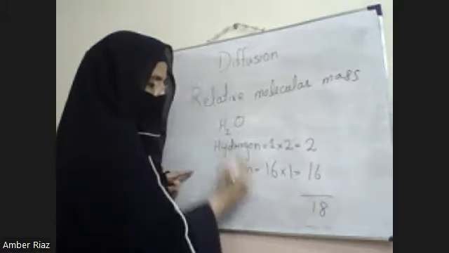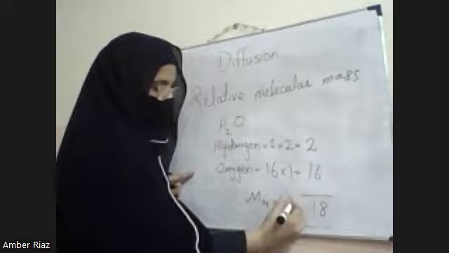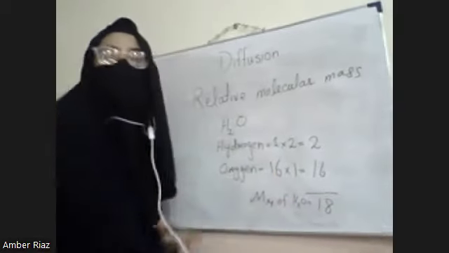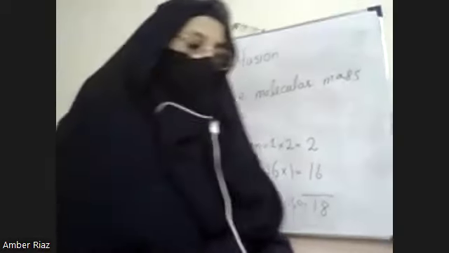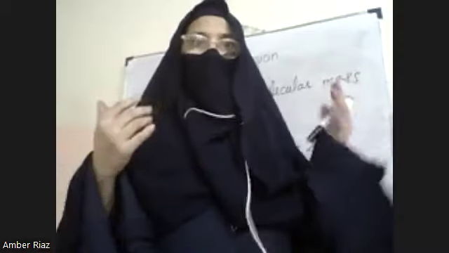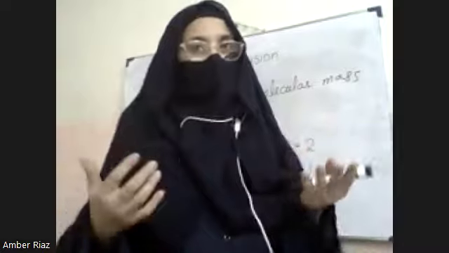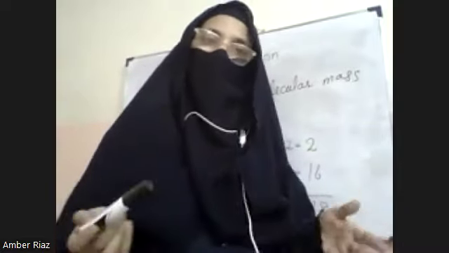So the relative molecular weight of water is 18. Right? So when a gas has a lighter molecular weight, this gas will diffuse faster as compared to the high molecular weight.